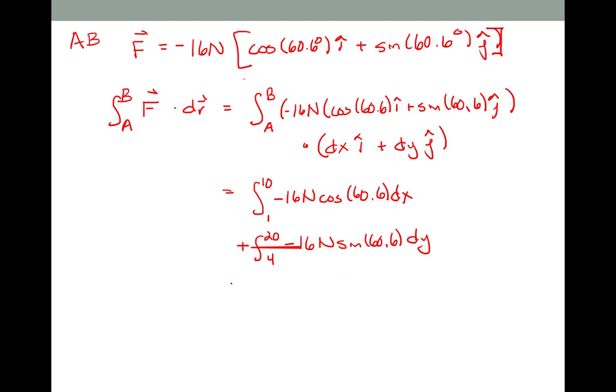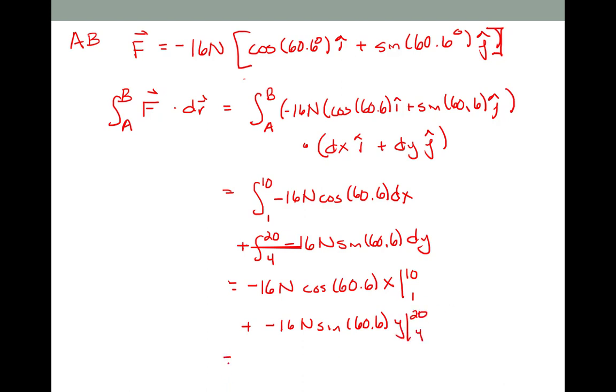If you look, nothing in the argument of either integral depends on dx or dy, so I can pull that out, which lands me at this statement. And if I plug in numbers, I get 293.7 joules.